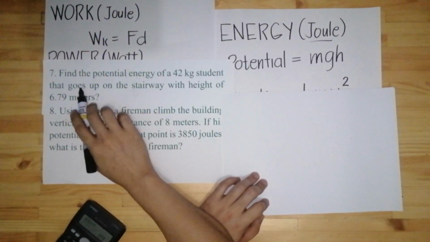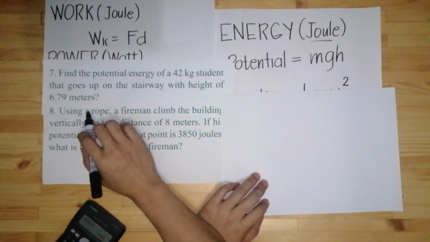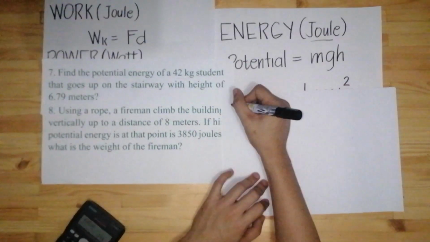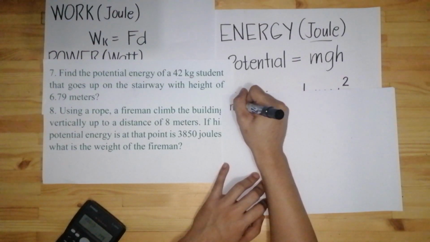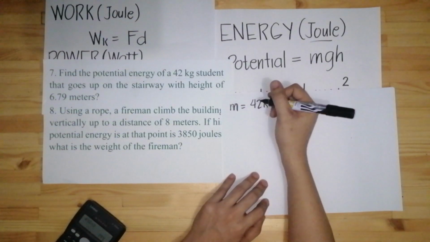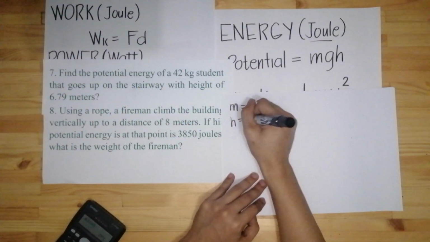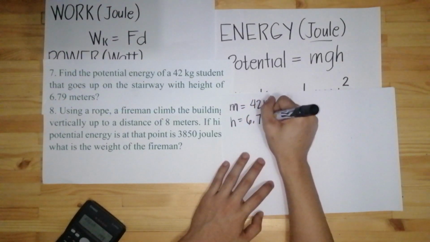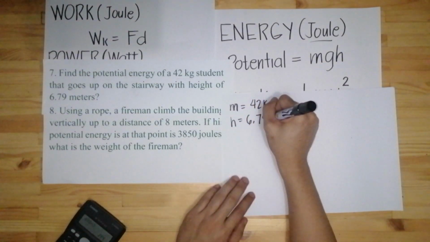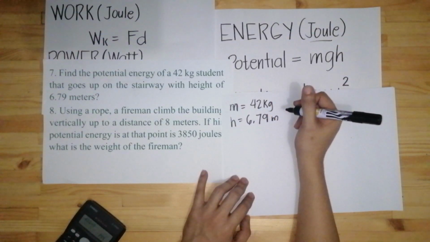Kaya nga dito nakalagay that goes up on the stairway with height of 6.79 meters. So, 42 kilograms is the given mass. So, 42 kilograms. Then, we also have 6.79 as the height. Height or D, H or D, pwede mong gamitin. 6.79 meters.